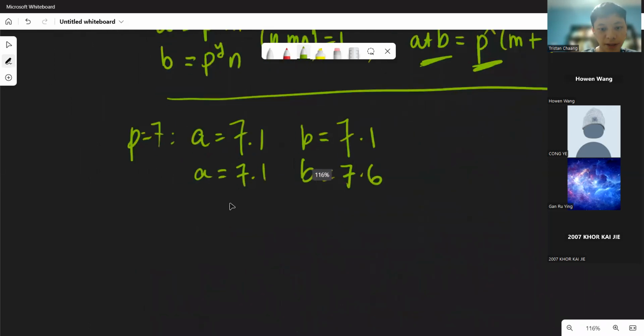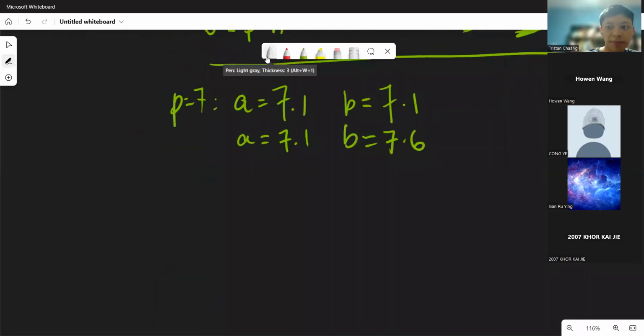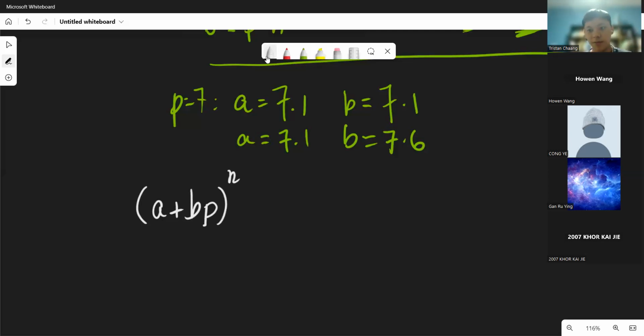And also, another fact is, well, this has nothing to do with VP, but it will be quite useful in a while. So if we have some number a plus a multiple of p, let's say bp, and I raise it to the nth power. So what if I want to take this thing mod p squared? If it's mod p, it's easy, right? It's just a to the n. But what if it's mod p squared? Because the numbers inside here don't tell you anything about the number mod p squared. b could be anything.